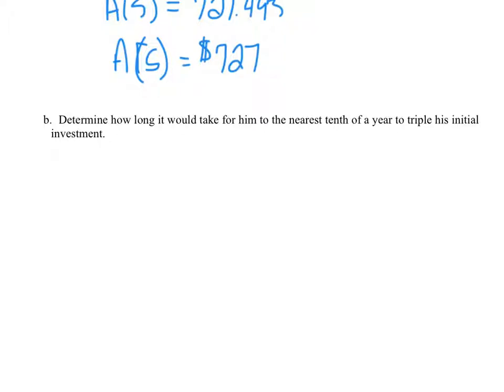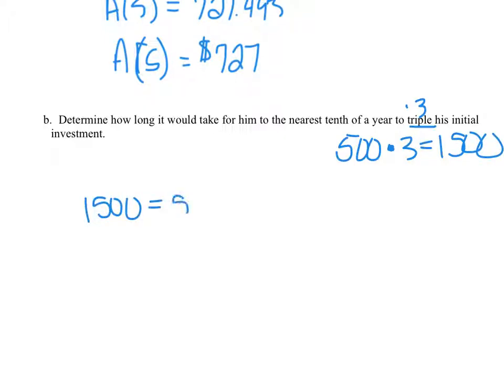Awesome. Next one, determine how long it would take for him to the nearest tenth of a year to triple his initial investment. His initial investment was 500, so triple means times 3. That means the final amount that we want is $1,500. So the formula that I use is this, with 0.075t. And then you solve it.